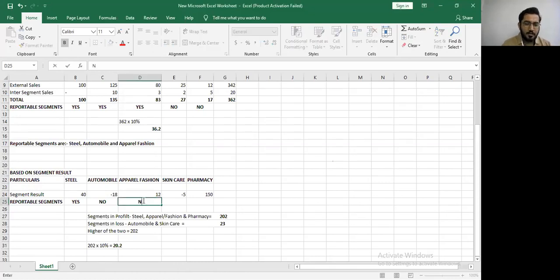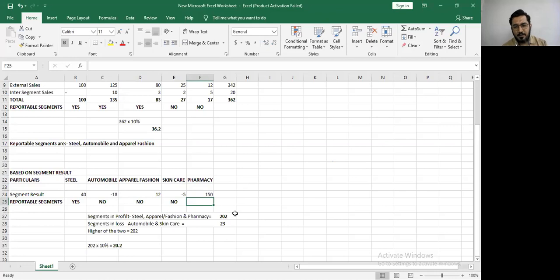So again, no disclosures required. What about skincare? Again, no disclosures required because it does not fulfill the 10% criteria.